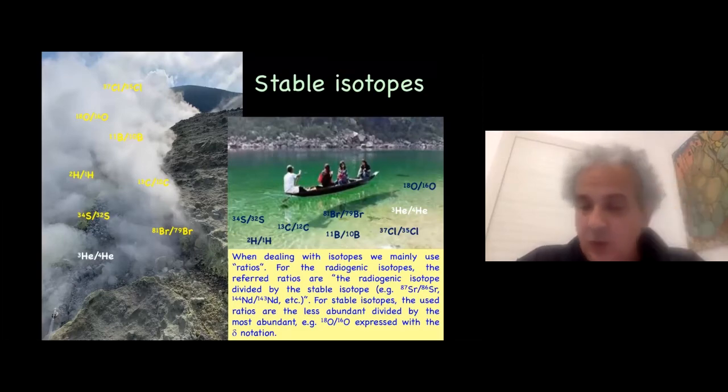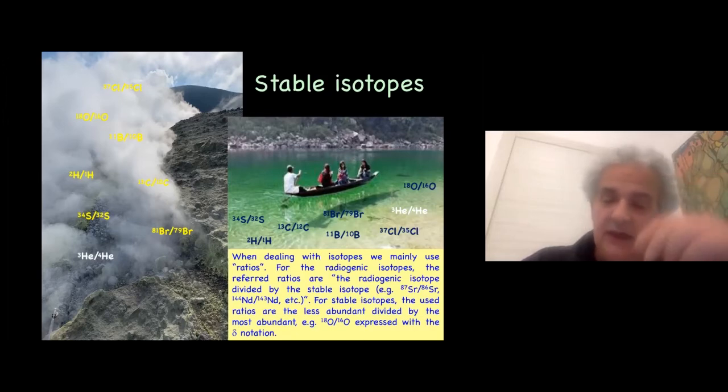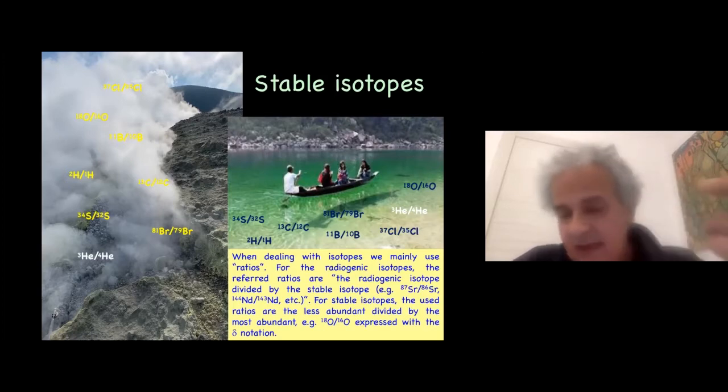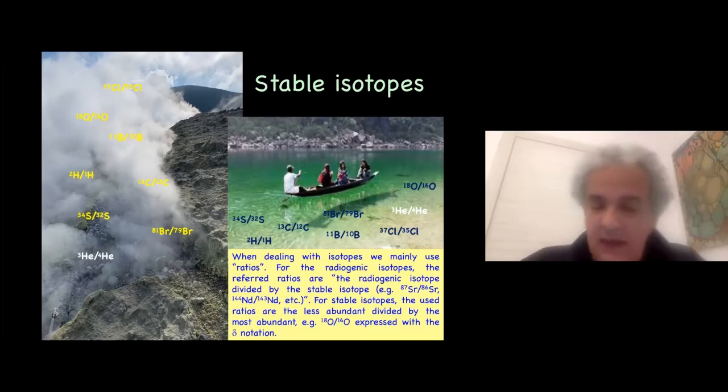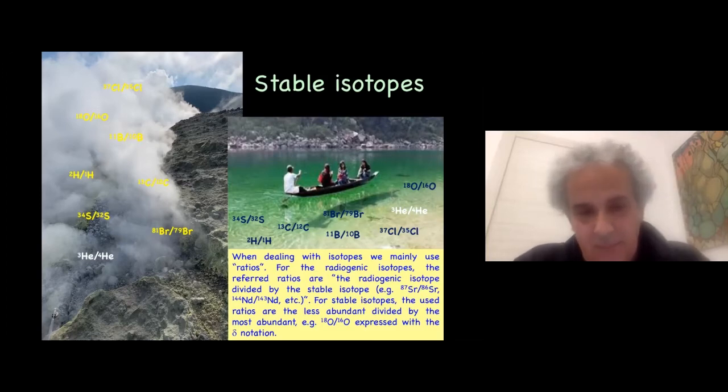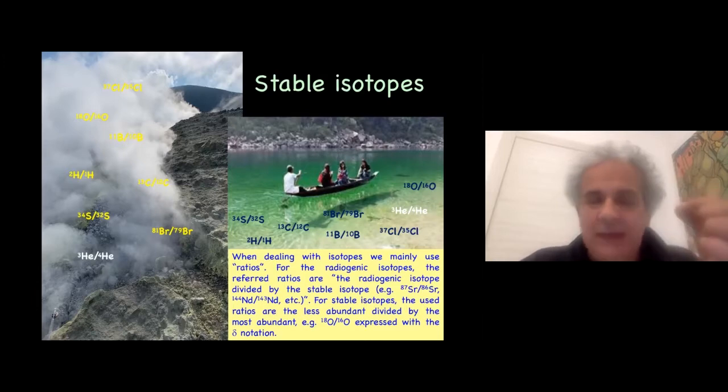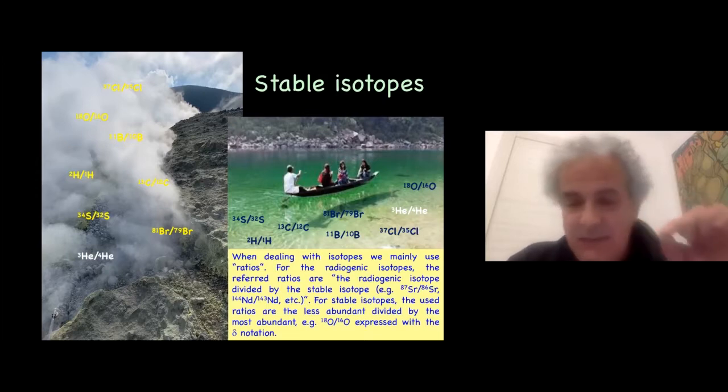Differently, for stable isotopes, the ratios used consider the less abundant isotope divided by the most abundant isotope. The typical example is oxygen 18 divided by oxygen 16. The point related to stable isotopes is that the isotopic fractionation is very tiny, very difficult to recognize even by mass spectrometry.